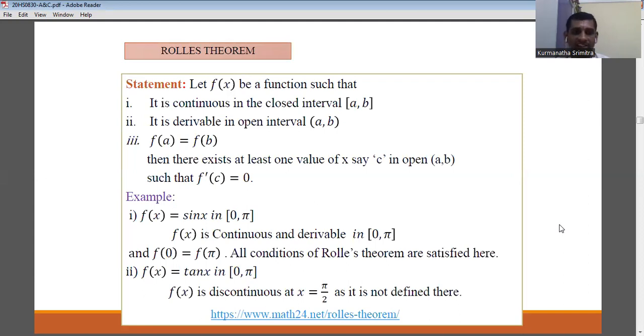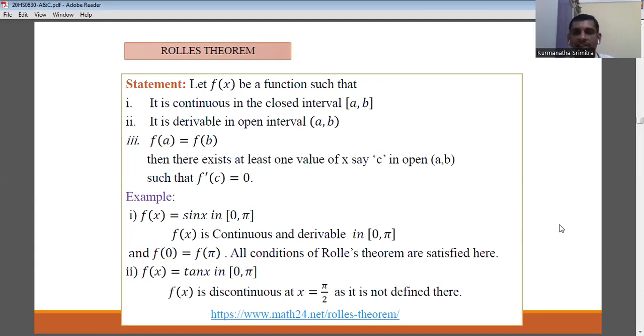So there is a point c such that f dash of c equal to 0 in the open interval (0, pi). The derivative of sin x is cos x, so cos c equal to 0, so that the c value is pi by 2. So there is pi by 2 belonging to the open interval (0, pi) such that f dash of c equal to 0.